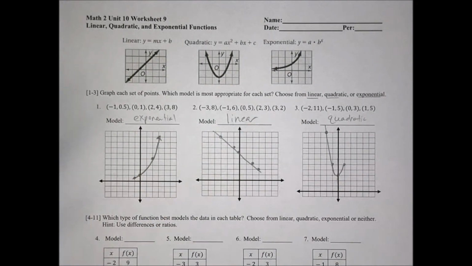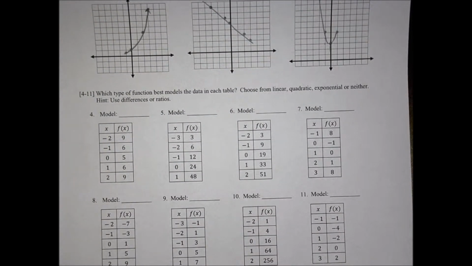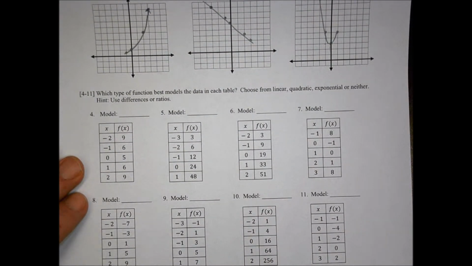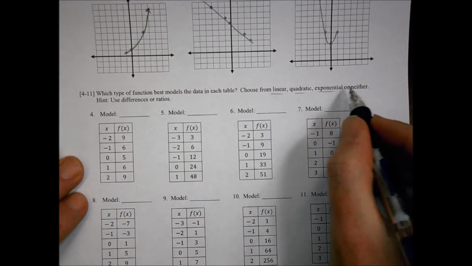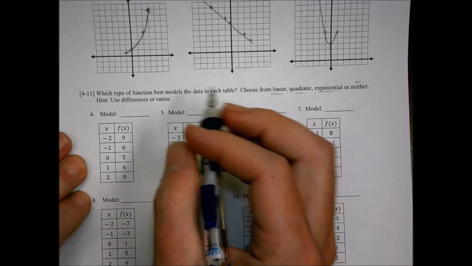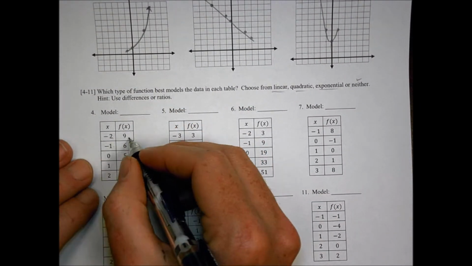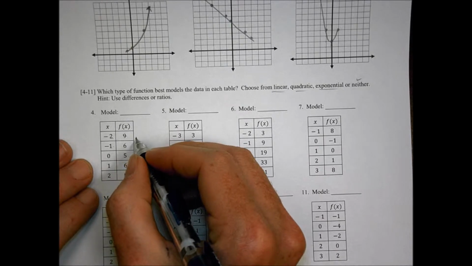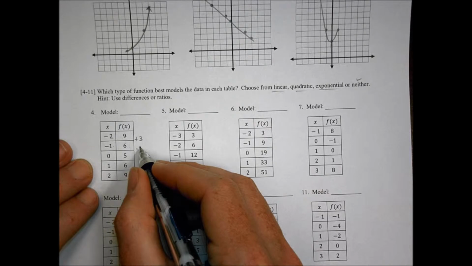You can also look at tables, which is today's focus, to tell the difference between the ratios, or the differences, to find out whether it's going to be linear, quadratic, exponential, or maybe none at all. So let's take a look at the first one. We look at the difference here. We're going up by 1. So going from 9 to 6, that is -3. 6 to 5 is going to be -1.